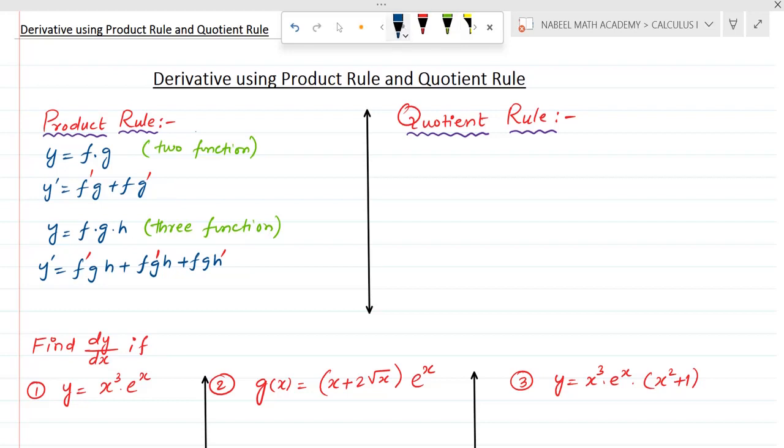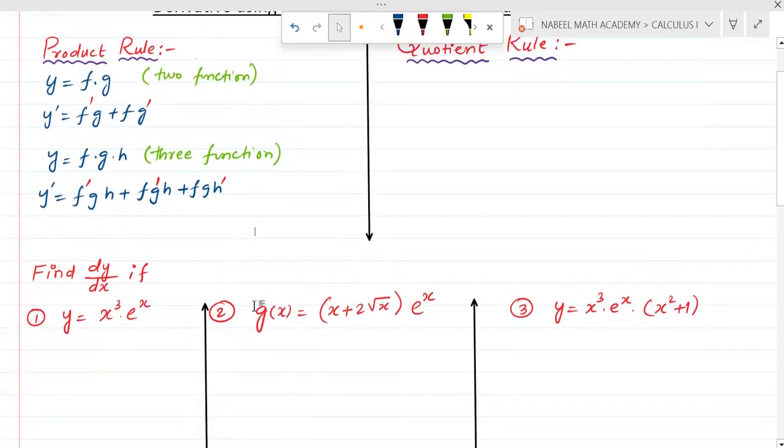So here if you see this function, this is x cube multiplied by e power x. Usually when you have a plus, y equal x cube plus e power x, this is a separate function and this is a separate function. What is the derivative?